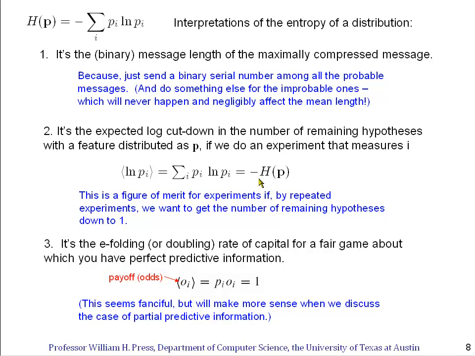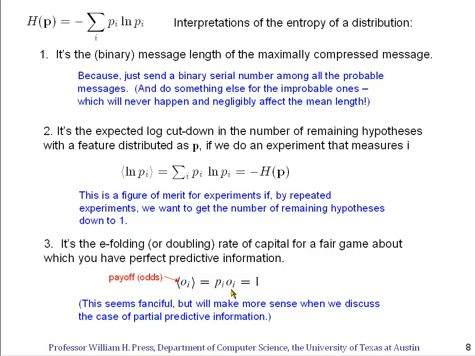Well, here's a third application where entropy comes in. I need to introduce you to the idea of a fair game. We're going to make bets on something, and then we're going to get a return if our bet comes out to be true. So here, the pi might be the probabilities of different horses winning in a horse race. Now, if our horse comes in, which happens with probability pi, we expect to get back a return on our bet, and that will be the payoff labeled oi.